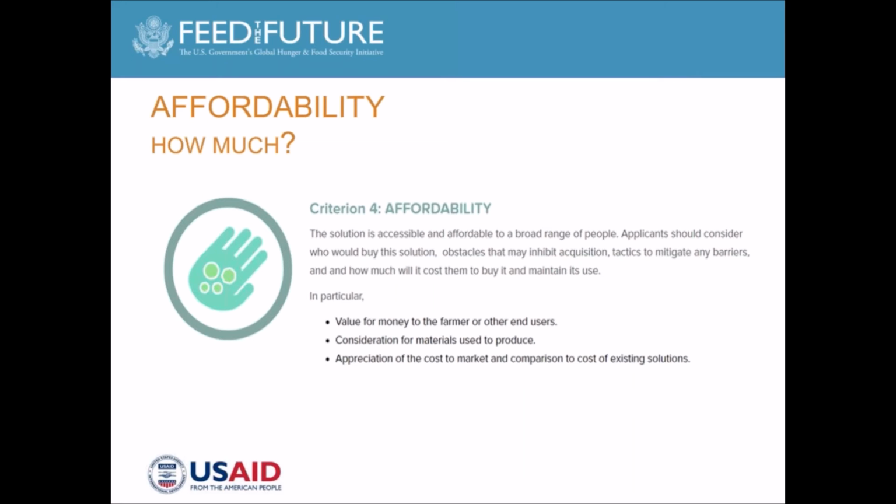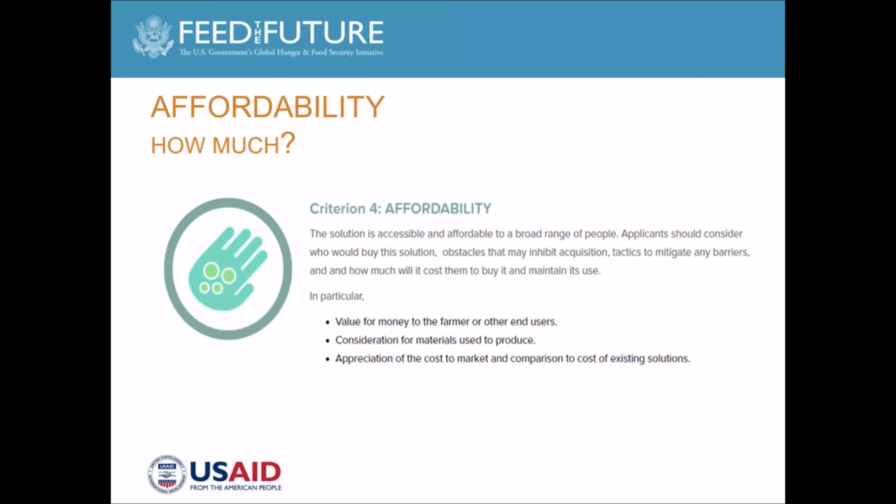Another criterion that we will be looking into is affordability, so how much the solution will cost, and that is linked with usability of course. In particular, we're asking about value for money to the farmer or other end user, and consideration for the materials used to produce the solution, to ensure it is good quality, but also that the materials are reachable and it's possible to produce it in Nepal.